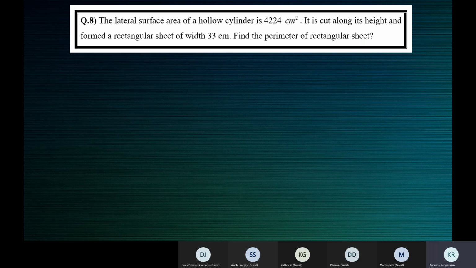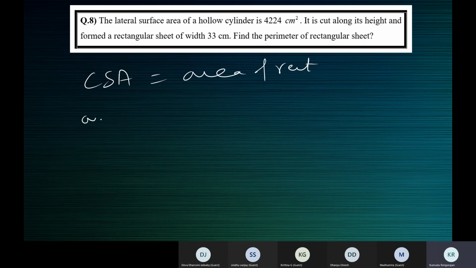The same thing is called the area of the rectangle. So the curved surface area of the cylinder is nothing but the area of the rectangle.